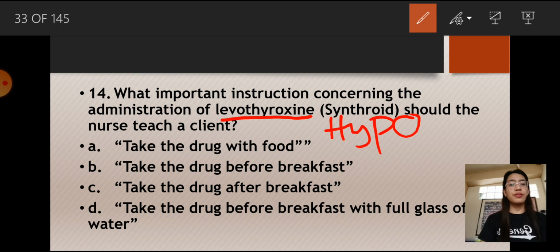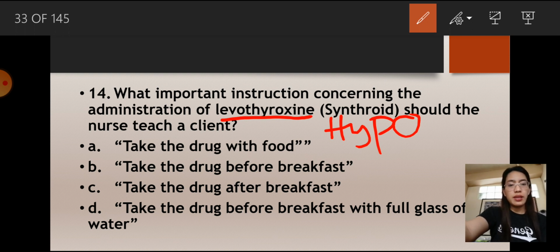Right? So, kailan mo gustong tumaas ang metabolism, magkaroon ng energy? Kailan natin sila gustong mataas ang energy? Sa umaga or sa gabi? So, dapat ang energy nila mataas sa umaga, so they can do their activities of daily living. Right? So, dapat umaga. And for absorption, ang levothyroxine, kailangan i-take mo yan nang walang laman ang tiyan.